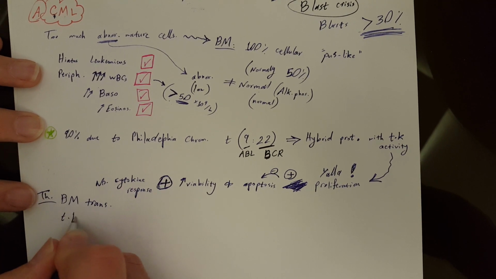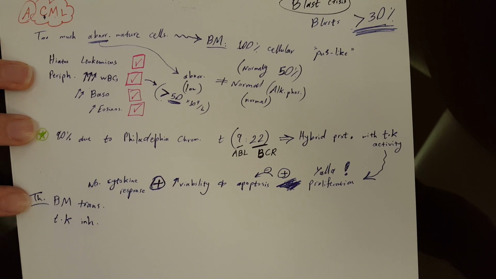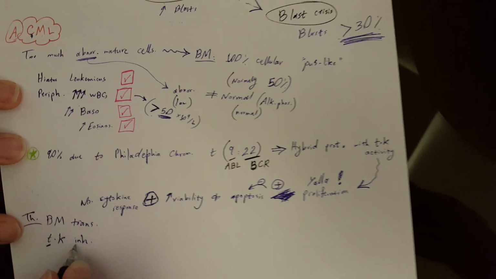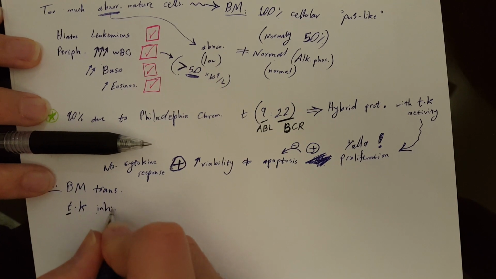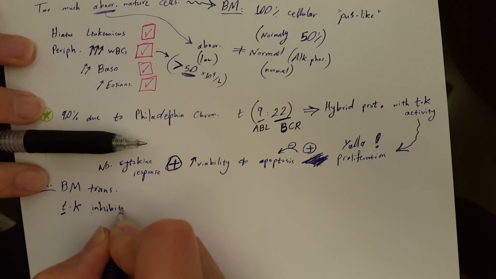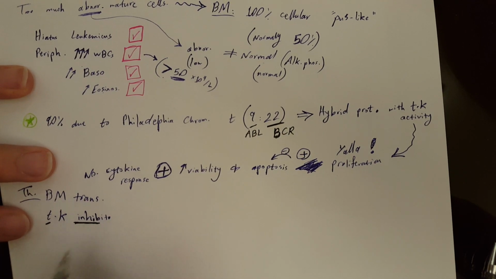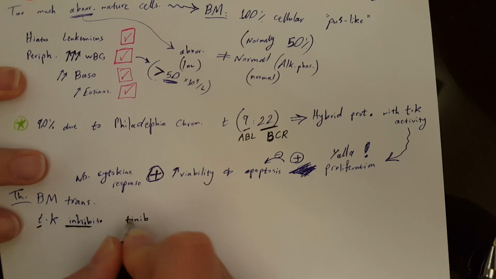Or you can do tyrosine kinase inhibition. Do you notice that this T, and there is, let me write it, inhibit? There's inhib, right? And this is where tinib comes from.